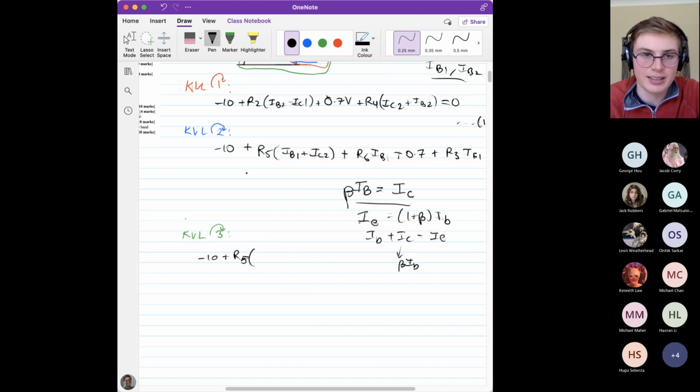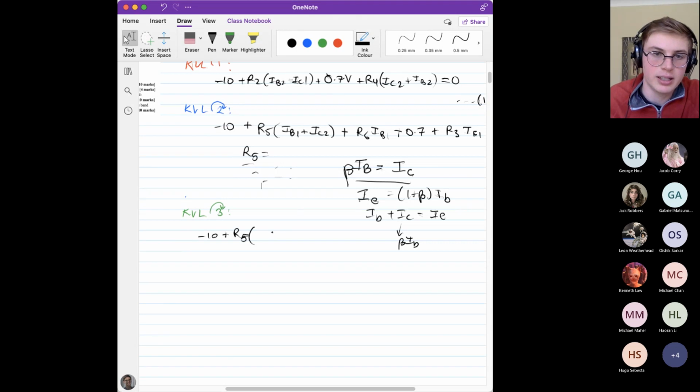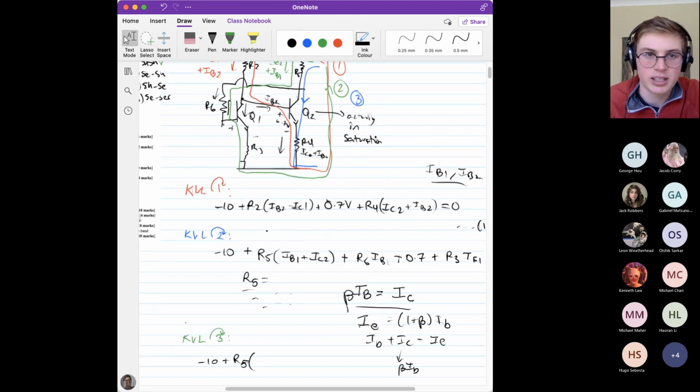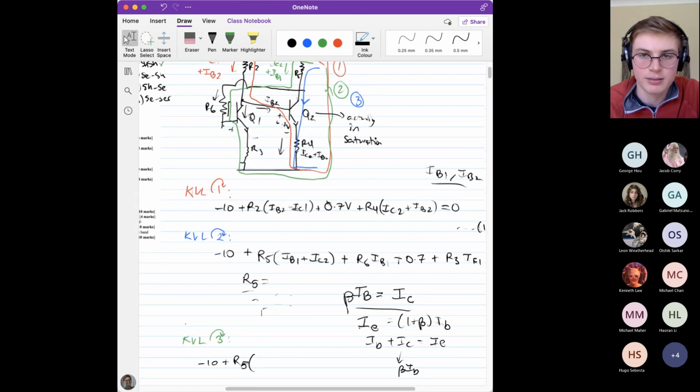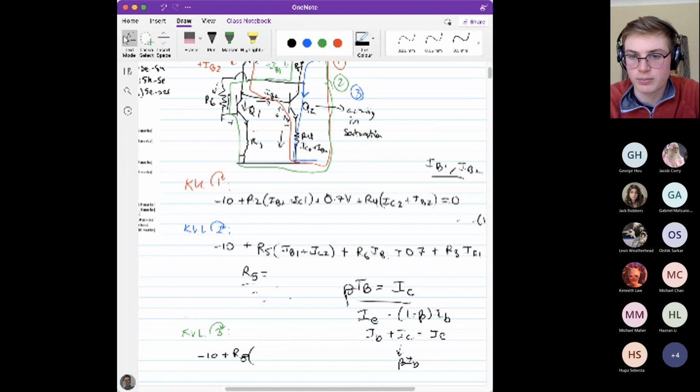Even just jotting down R5 is equal to this, so you can have a symbolic representation rather than trying to plug in. But again, you've done this sort of analysis before. It's not pretty, but it definitely does work.